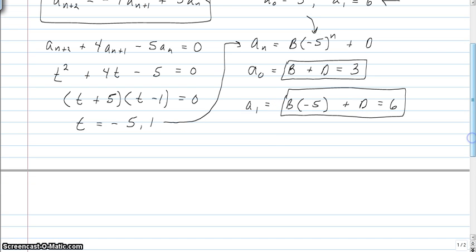So I've got two equations, b plus d equal to 3, and then minus 5b plus d equal to 6. And if I want to eliminate one of these variables, probably the easiest is to eliminate the d. I just need this to be a negative.